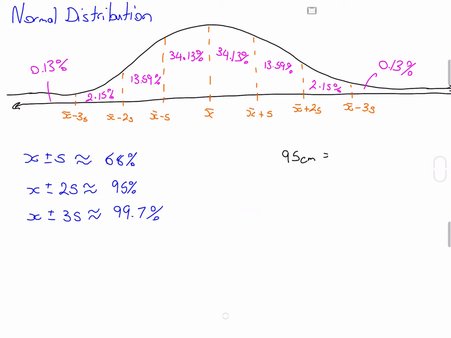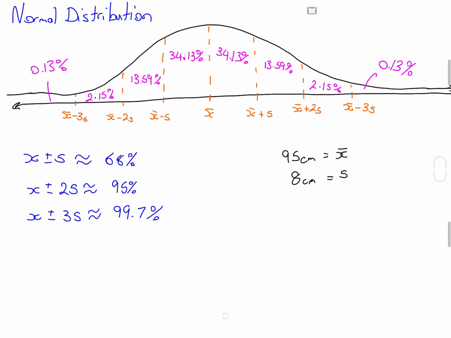Well, our 95 here is going to be equal to our mean, and our standard deviation is equal to 8 centimetres. In this case, I'm only using a sample, I'm not using the population symbols. So, find the percentage of footballers with a chest measurement between 95 and 103 centimetres.